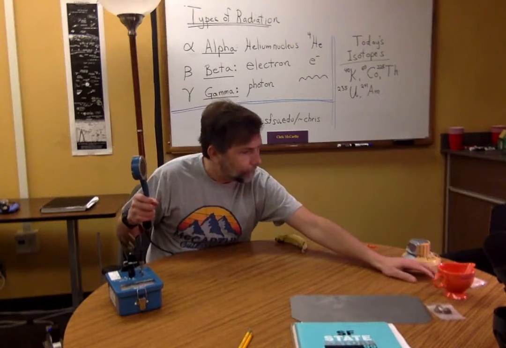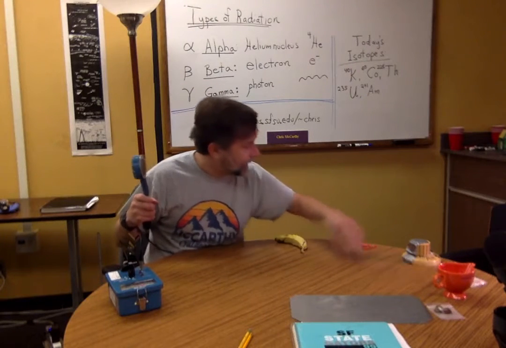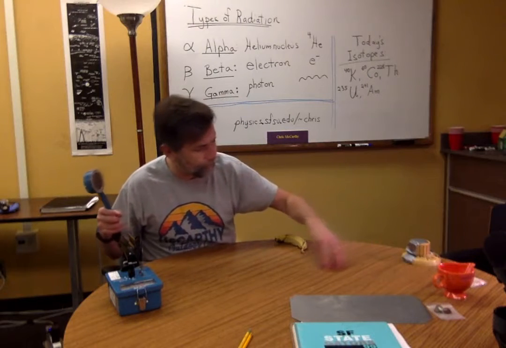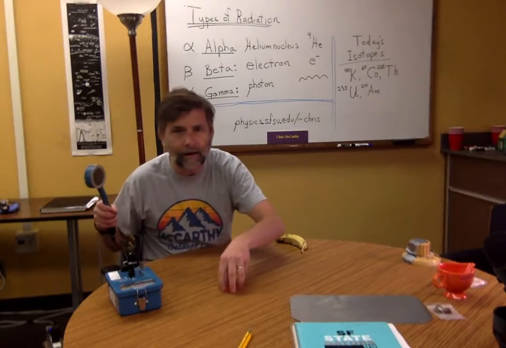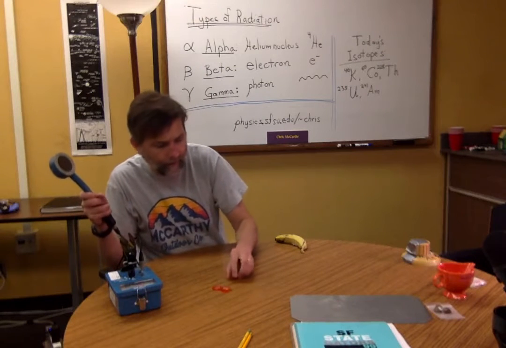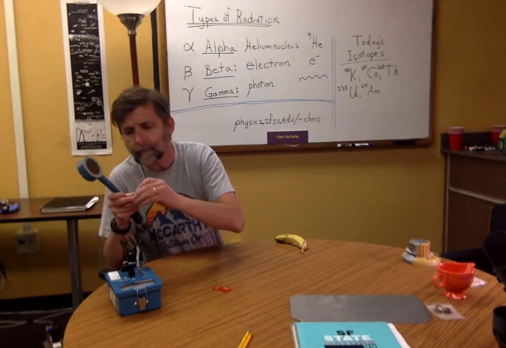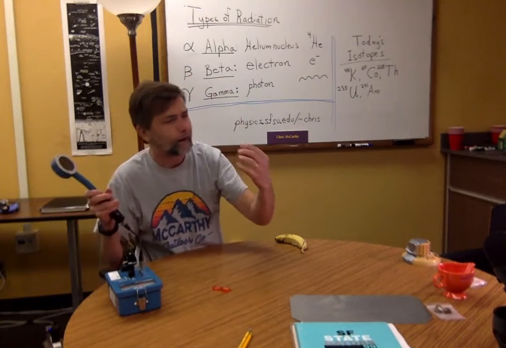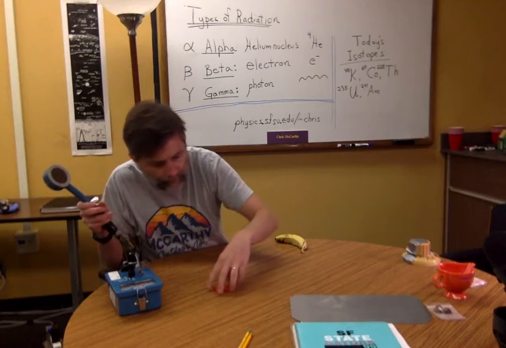Let's see, what else do I have here? Oh yeah, by the way, here's something interesting. These are sources of gamma radiation. These small pellets are cobalt-60. They emit gamma radiation. I think they also emit beta radiation as well.